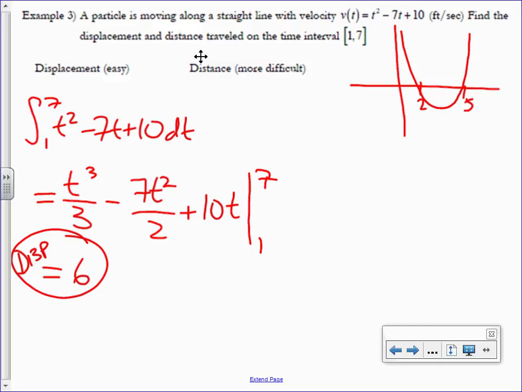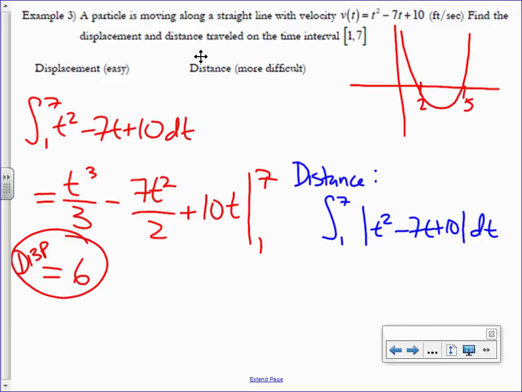Distance, on the other hand, is a little bit more involved, because you have to take the integral from 1 to 7 of the absolute value of t squared minus 7t plus 10 dt, which means you only want positive stuff. This area right here is positive, that's fine.